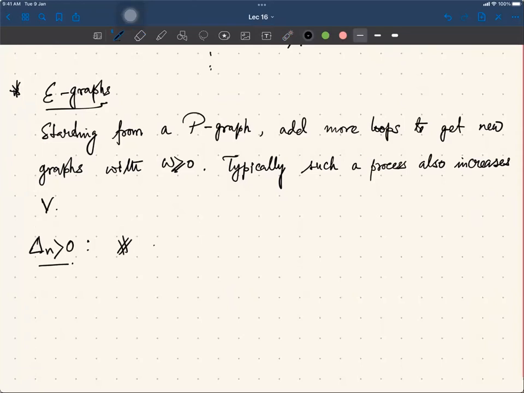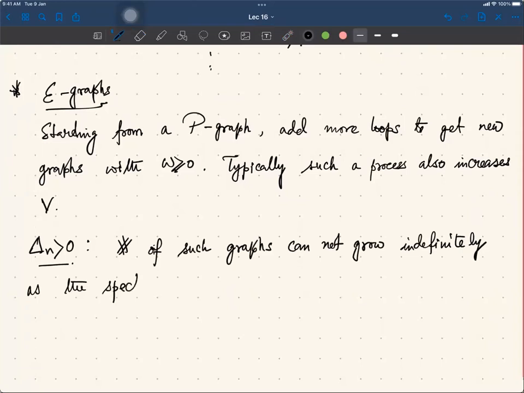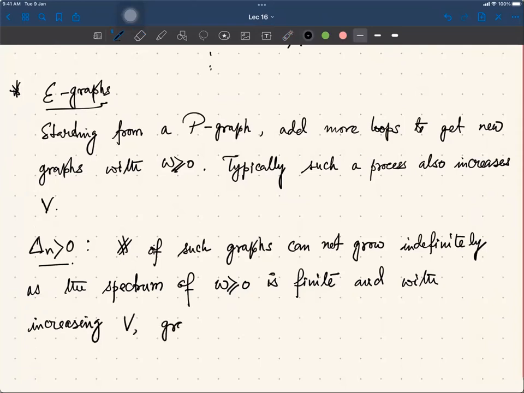Therefore, the number of such graphs cannot grow indefinitely, as the spectrum of omega greater than or equal to 0 is finite, and with increasing v, graphs become more convergent.